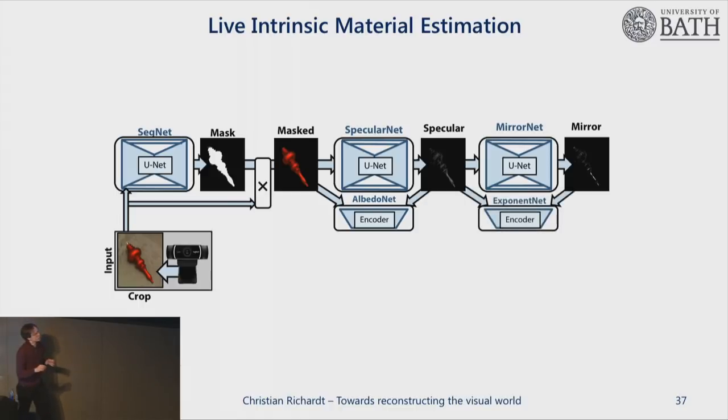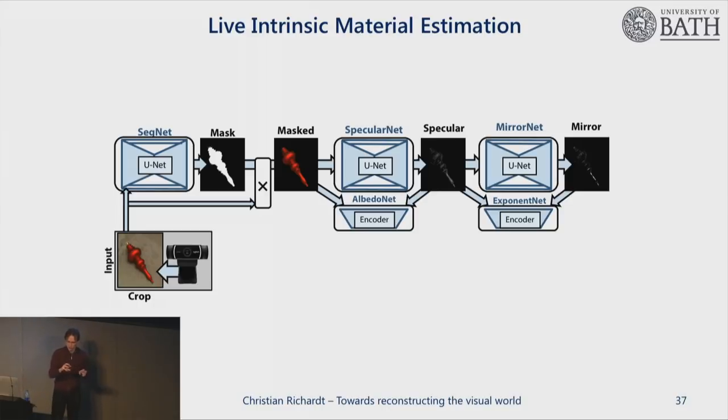Then we can use both of these, the specular part and the mirror-like part, for determining how shiny that object actually is. So what is the specular exponent that we need for our material? Is it a very shiny object, or is it more dull? How dull is it exactly? So this is reconstructing that component individually. You see we are decomposing the whole problem into several individual steps.